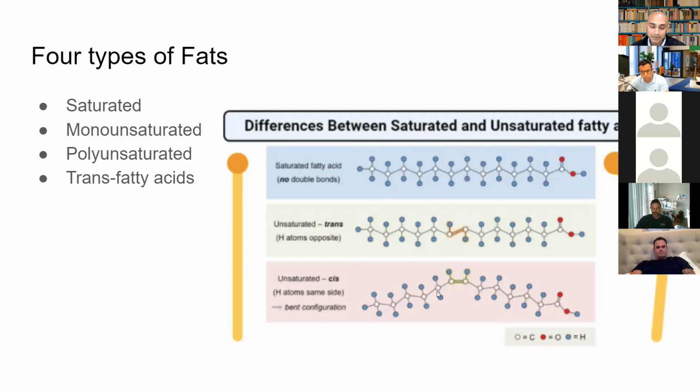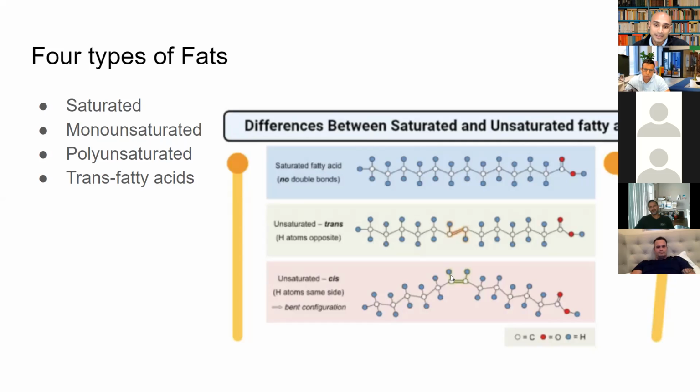One consequence, of course, of being mono or polyunsaturated is that you're going to be a liquid at room temperature. And for large corporations, this was not the best thing. So they were like, well, hey, how can we make vegetable oil, which is a lot cheaper than saturated fat or animal fat, into a solid form? So they created these things called trans fatty acids, which they hydrogenated vegetable oils, hence things like Crisco or margarine.